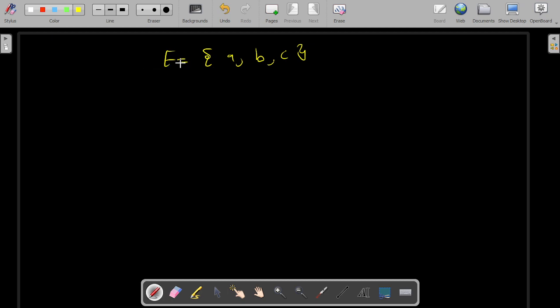So basically, the power set of E is going to be the set of all the subsets of the set E. Now we have two trivial subsets, that is the empty set and the set E itself. First of all, let's calculate the cardinality of the power set of E. It is going to be 2 to the power n.